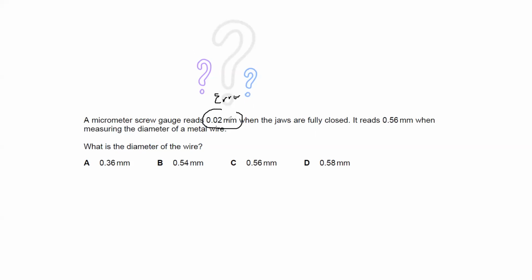The error is 0.02. When we place the wire, the reading with error is 0.56. So to get the diameter, it will be 0.56 minus the error, which is 0.02. So it will come out as 0.54, so B is the right answer.